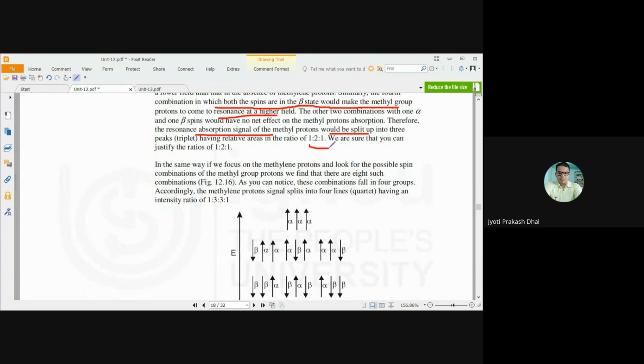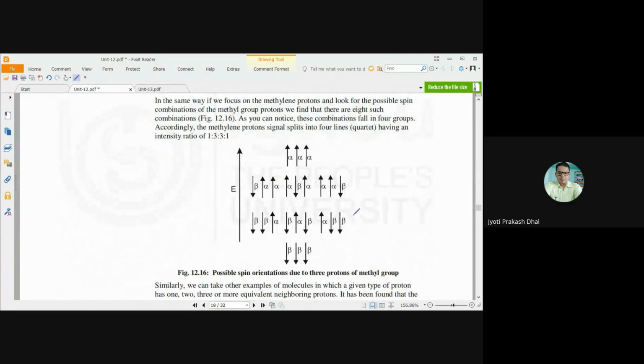And if we consider the multiplicity of CH2 due to the presence of CH3, that means three protons. Here alignment means alpha state and opposing means beta state. In one condition, all three protons are in alpha state, and all three in beta state. The second condition is 2 alpha 1 beta, so three possibilities are there.